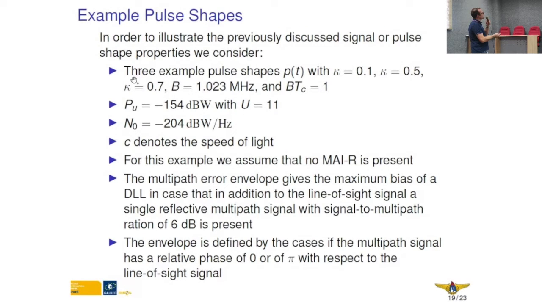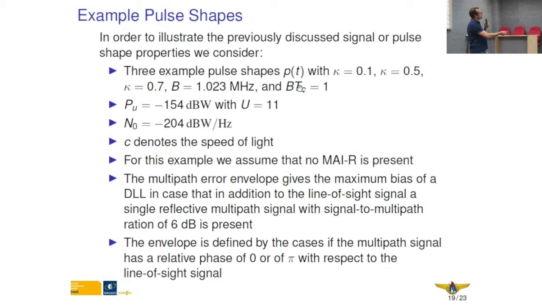So we use 3 example pulses. One pulse has a kappa of 0.1. The kappa was the height of the side lobes of the autocorrelation function. So in this case, it's 10% of the main peak, 50% of the main peak, and 70% of the main peak. We used a bandwidth of 1.023 megahertz.